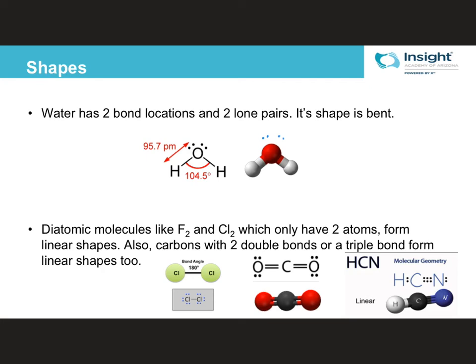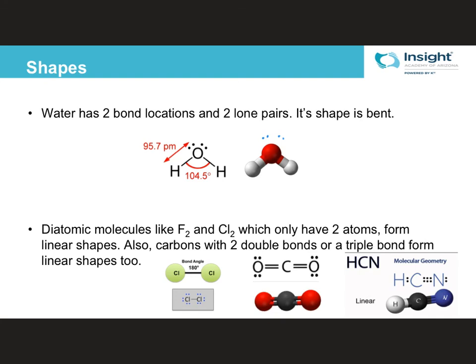All right, and then there's a lot of examples that can give you a linear shape. Your diatomic molecules, so Cl2, O2, H2, you just have 2 things bonded together, that's going to give you a linear shape. If you have carbon double bonded to 2 different chemicals, you'll get a linear shape.